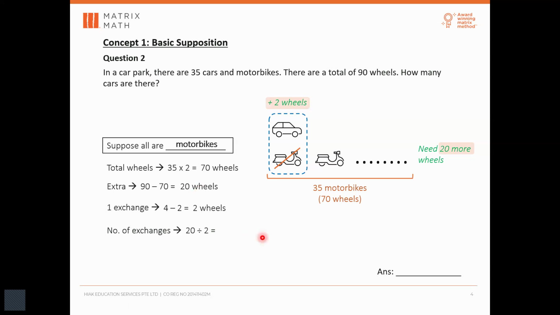So 20 divided by 2, that means that there are 10 exchanges. So 10, is it the number of motorbikes or the number of cars? Since I'm changing from motorbike to car, I do this 10 times. So I end up with 10 cars. Okay, so answer: 10 cars.